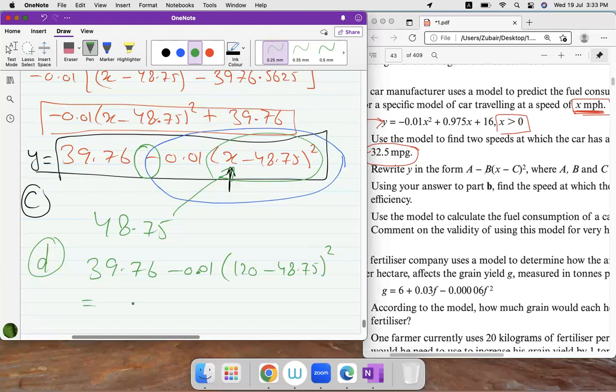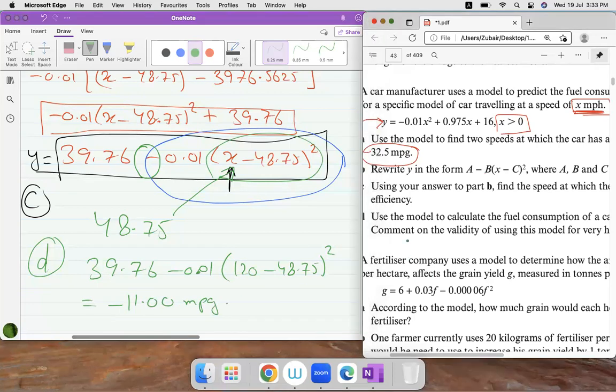I'm using my calculator: 120 minus 48.75, the remaining answer is squared, times 0.01. Whatever the answer is, I'm subtracting it from 39.76, and I'm getting a negative answer, which is negative 11.